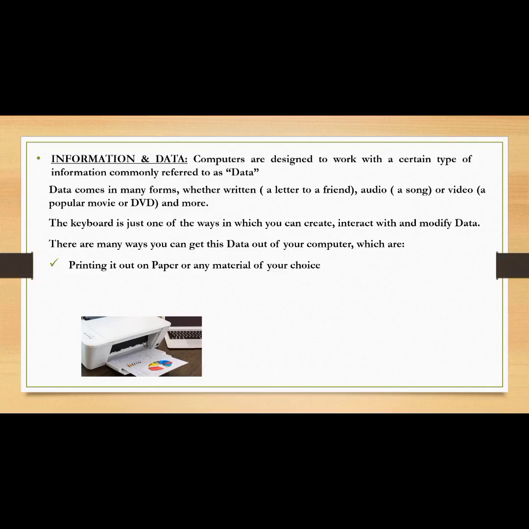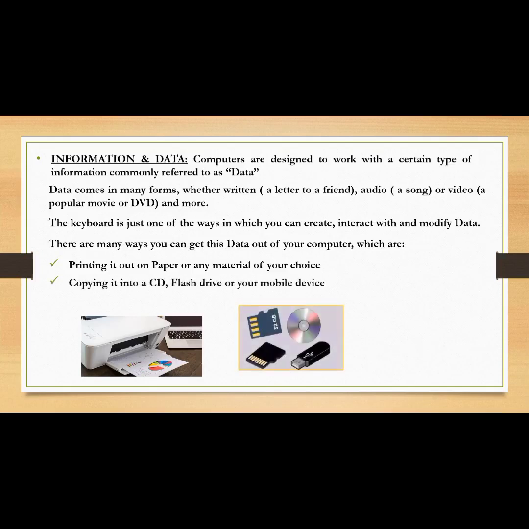Now the second one is copying into a disk, a flash drive, or your mobile device. Like I said earlier, you need to have a document somewhere for you to be able to put it out and then get it in your hand. These are images of what a flash drive and a memory card disk look like.